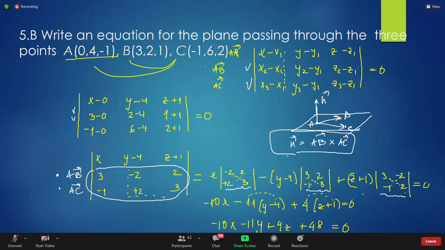From the vector product, actually, you would get these numbers. Minus 10, minus 11, and 4. And then you could simply say, okay, x minus x0, y minus y0, z minus z0, put any single point instead of x0, y0, z0.